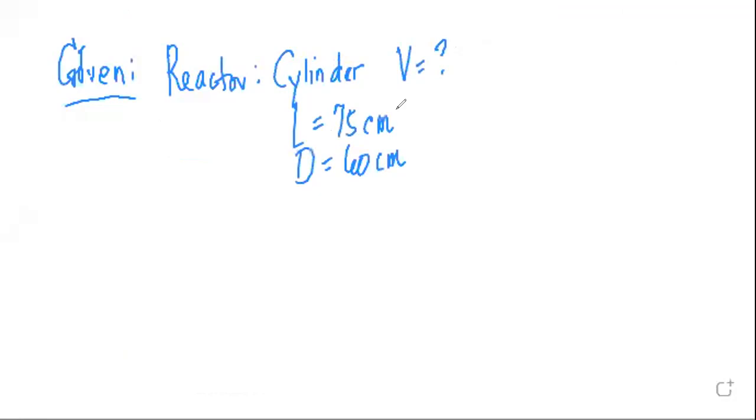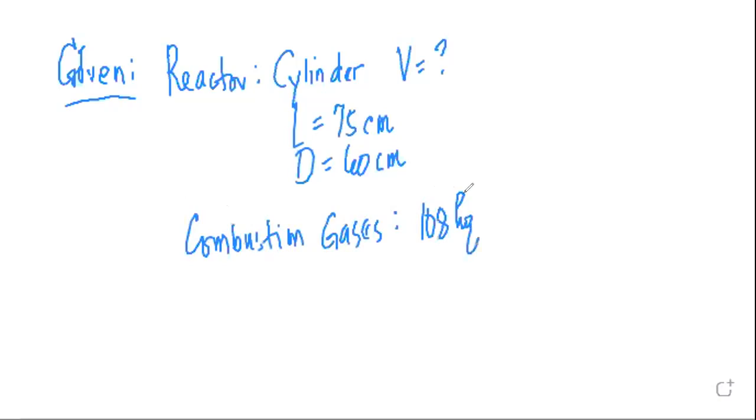And then what else? You are given that your combustion gases have this rate of formation. You reacted liquid hydrogen and liquid oxygen, and you have this combustion gas rate of formation. Now, these are the given information.